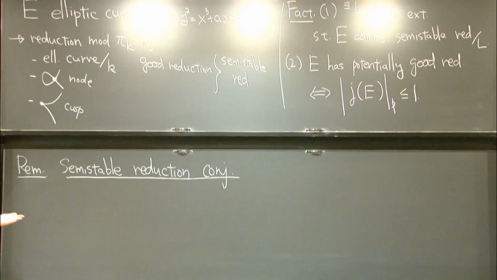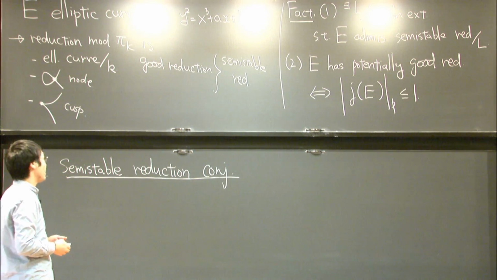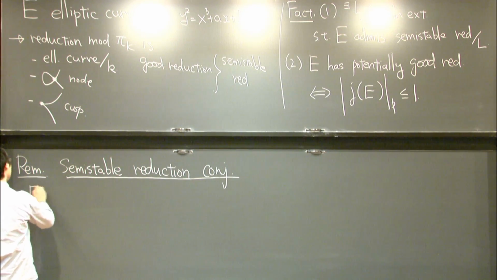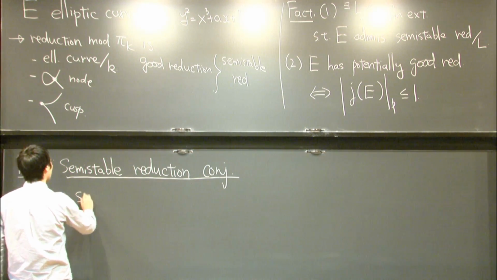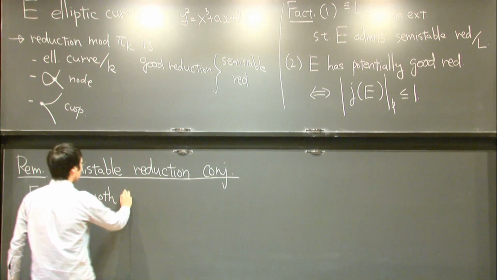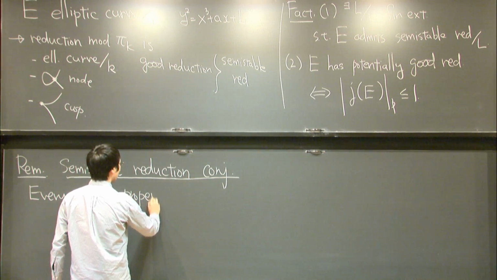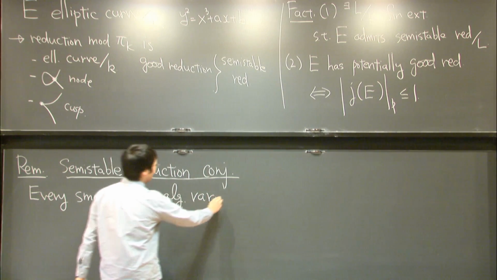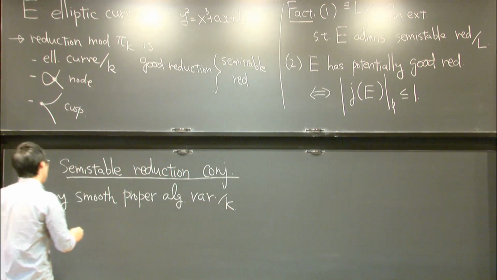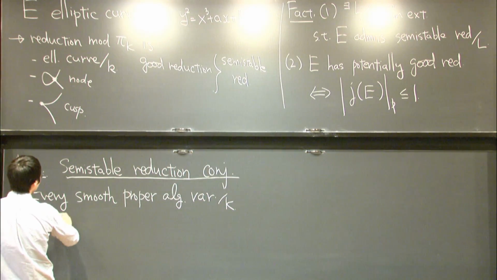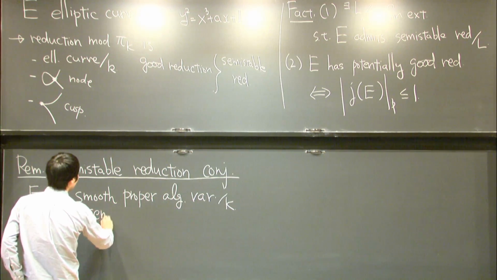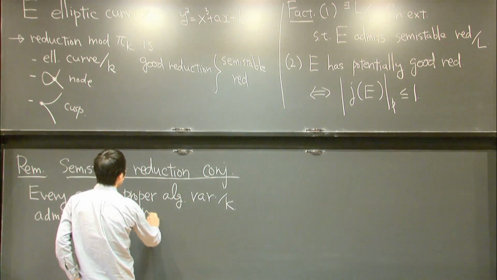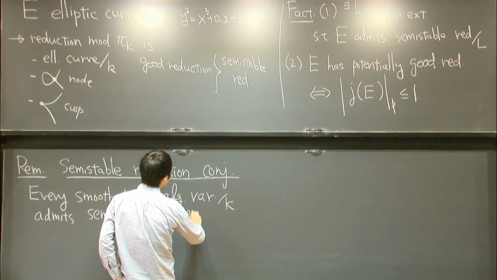Namely, if you start with any smooth projective or smooth proper variety over K, we expect that after a finite extension it acquires semistable reduction.